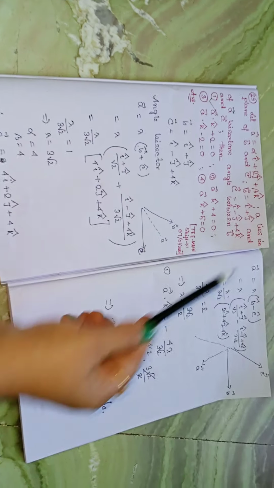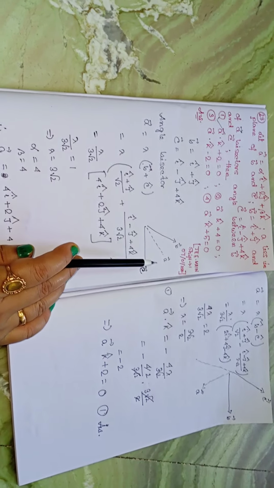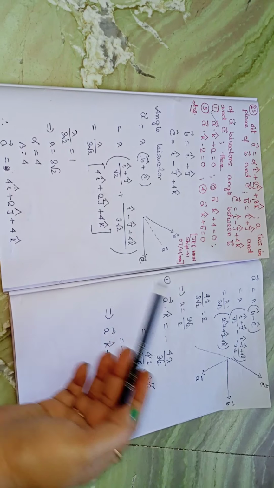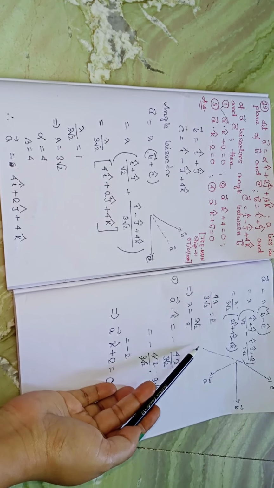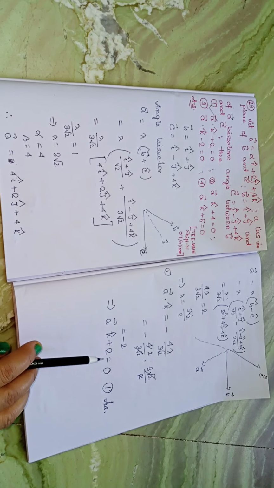But if you think that it is an external bisector, then the choice of option 1 is the correct choice.